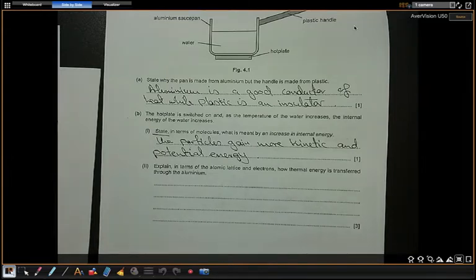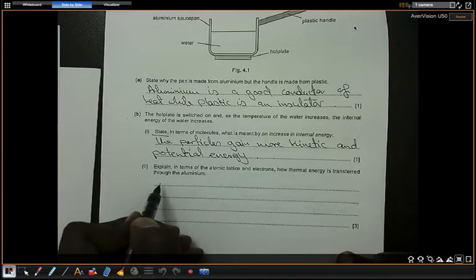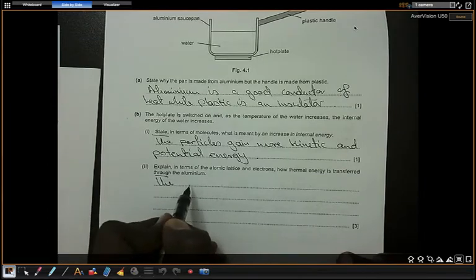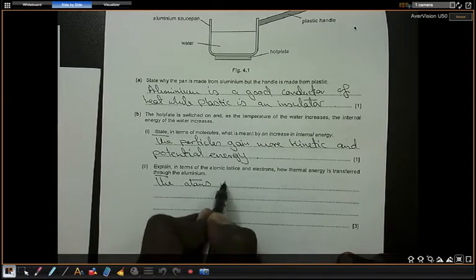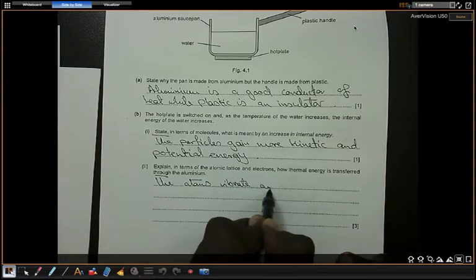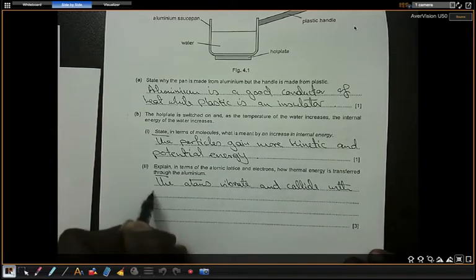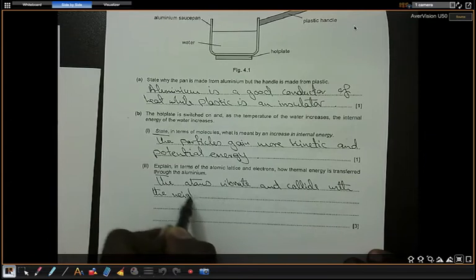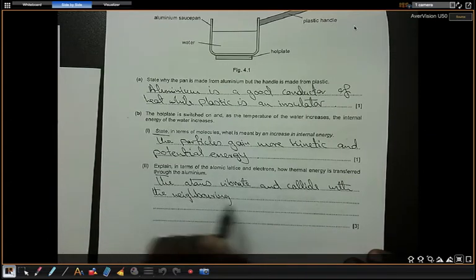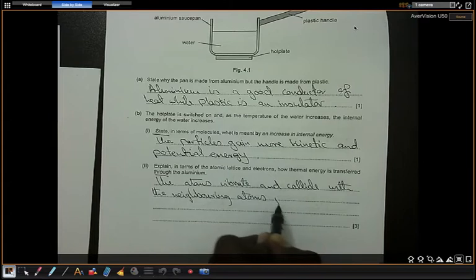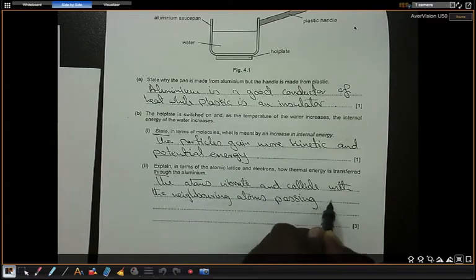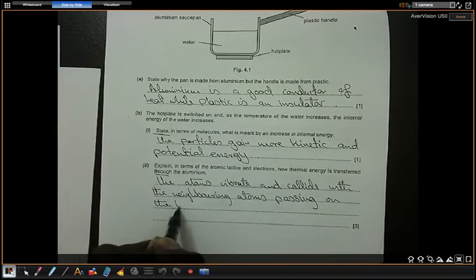Now explain in terms of the atomic lattice and electrons how thermal energy is transferred through aluminum. This is thermal conduction, people. So the atoms or ions vibrate and collide with the neighboring atoms, passing on the heat.